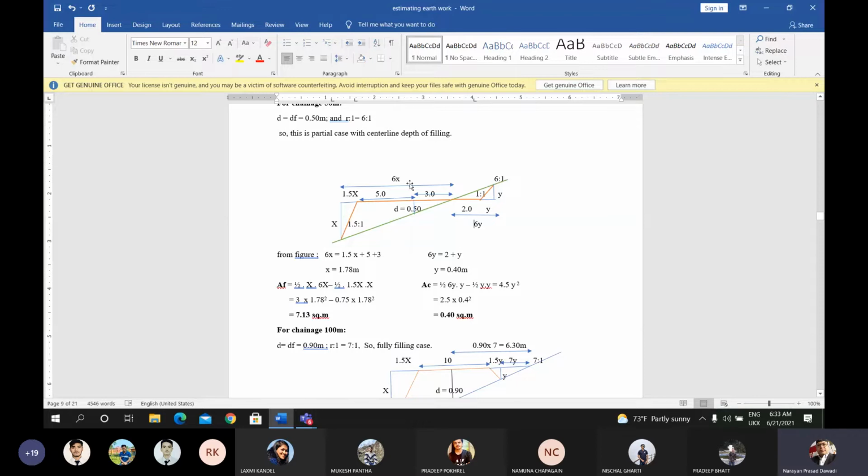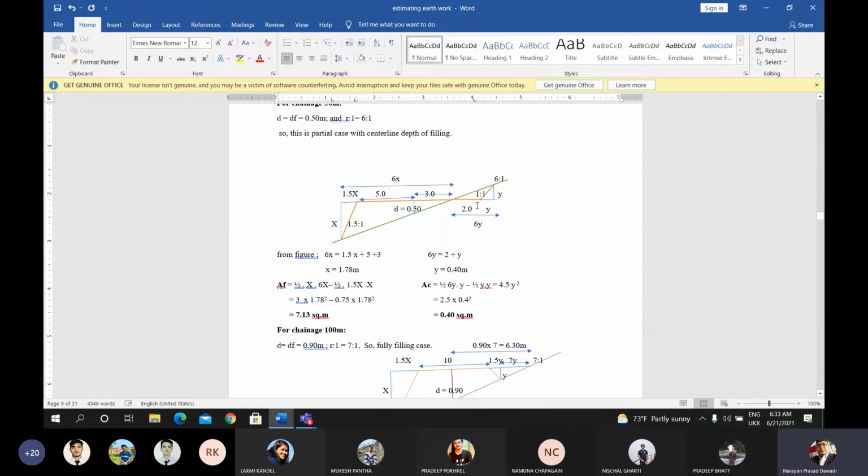Now for y, look at the small triangle here. This value is y and this slope is 6. So from the ground level towards the base of the right side of the triangle, this will be 2 plus y, into the slope 6, this will be 6y.